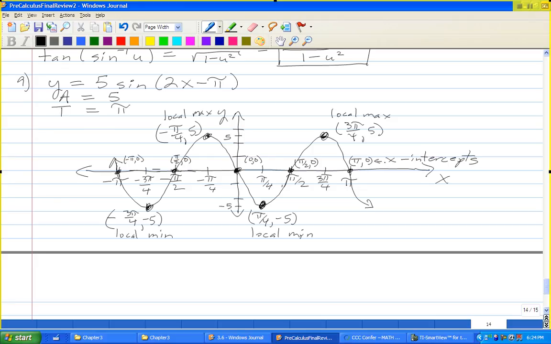So those are all the x-intercepts that I had here. And show at least one period. I've shown more than one period. Okay. And that's what it looks like. Just looks like sine, basically. It looks like sine, but it's just been squashed a little bit.